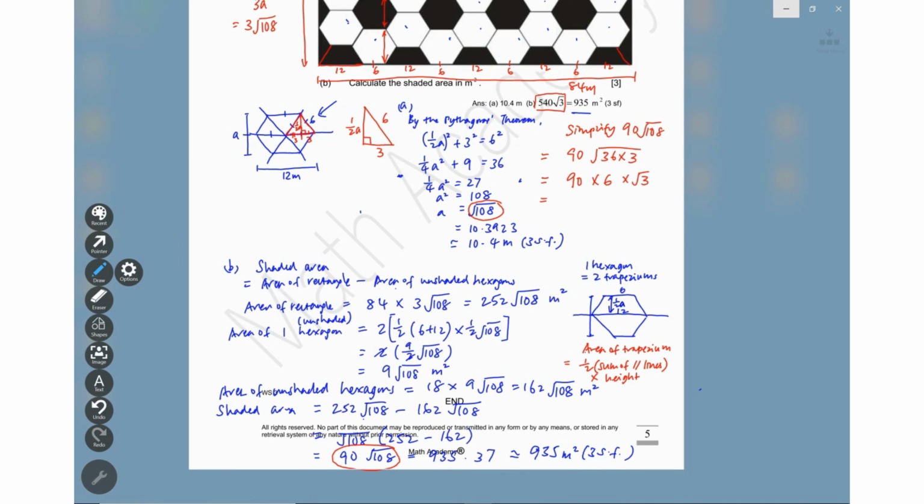So 90 times 6, you get 540 root 3. So just in case you are asked to show that your answer looks like this in the exam, you are able to break down your numbers like that. So 540 root 3 square meters. It's possible to leave your answer like this, or you can just simply leave your answer as 935 in 3SF.